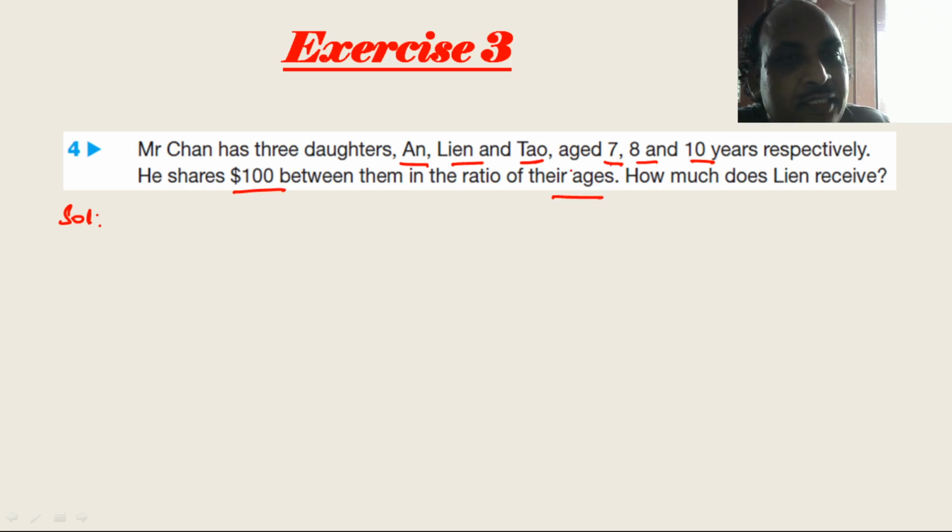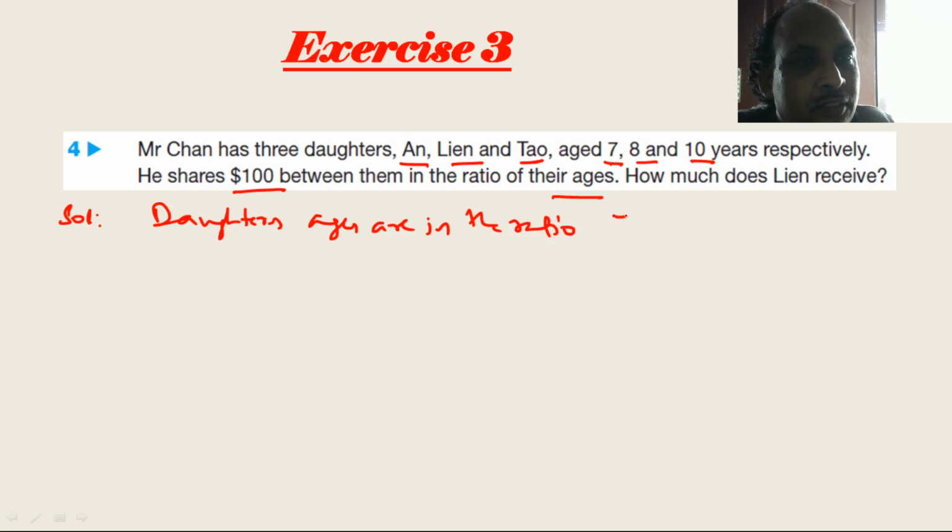So their ages are in the ratio, so you can say daughters' ages are in the ratio 7:8:10. It is already given that their ratio is according to the ages given. So 7:8:10. Okay, and he shares $100 between them.